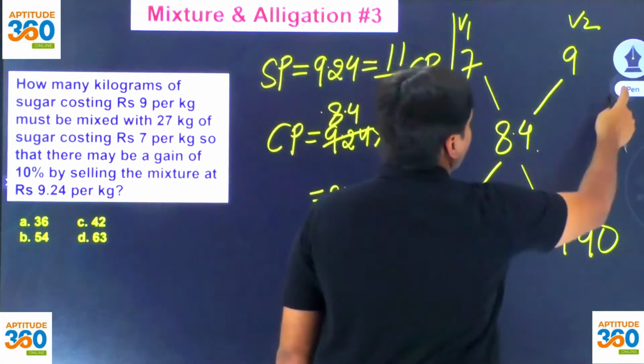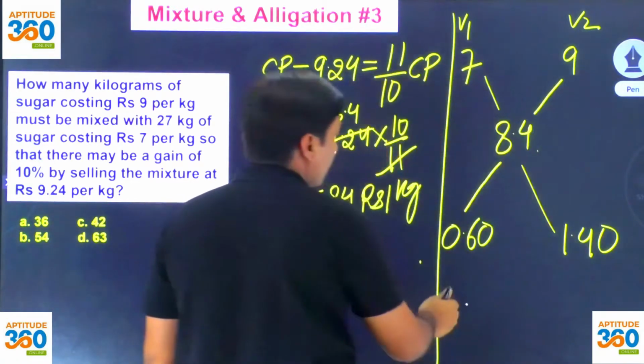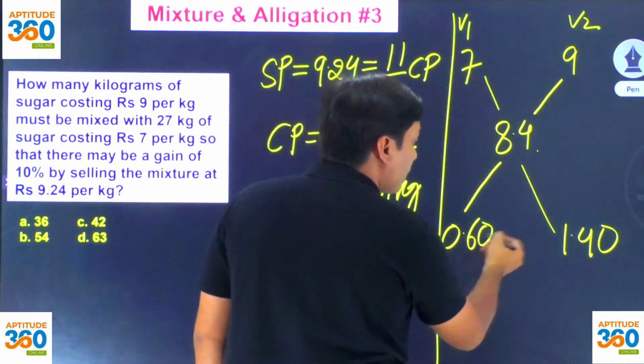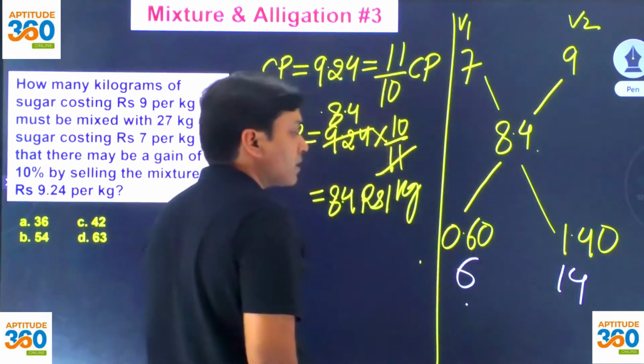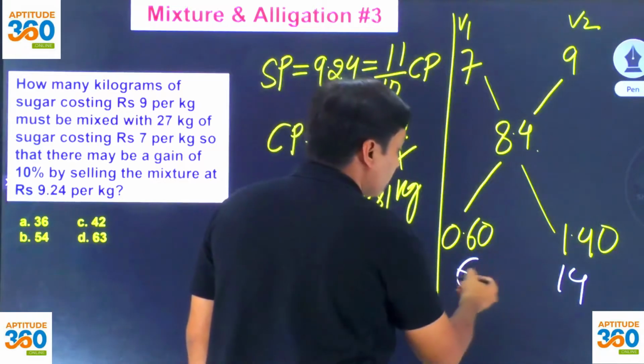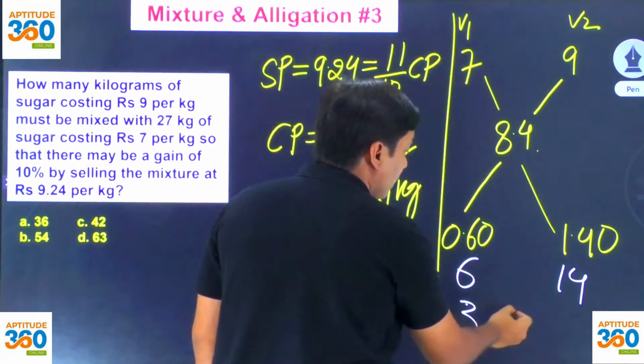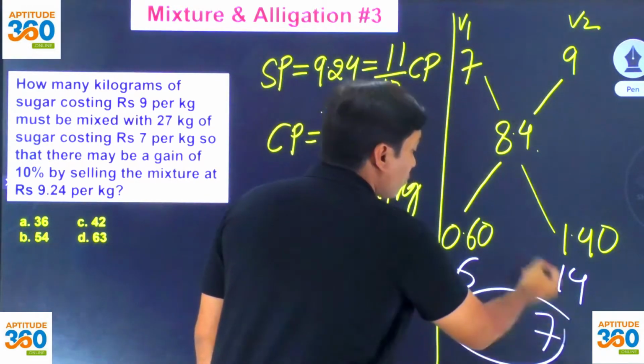How do we simplify this? If you multiply both of them with 10, it is coming out as 6 and 14. If you divide both of these two by 2, it is going to be 3:7 ratio.